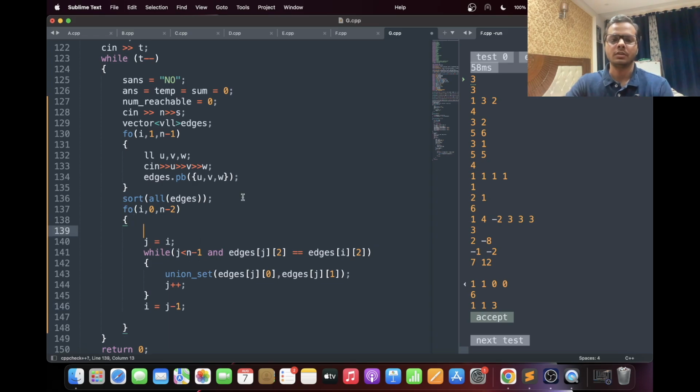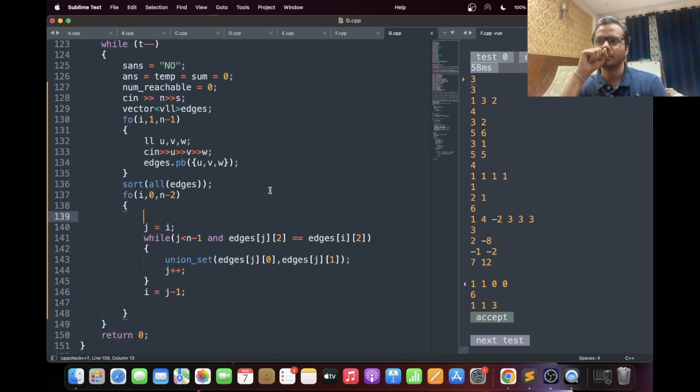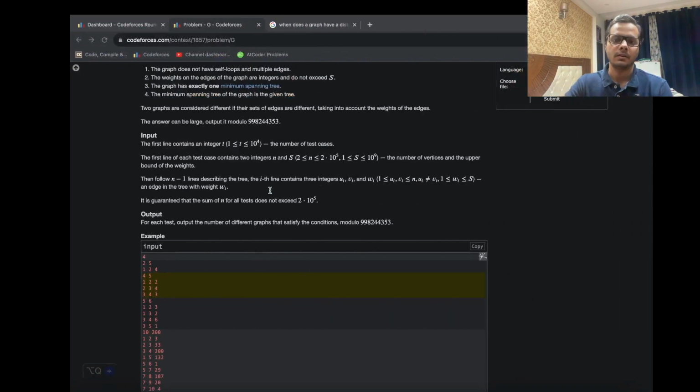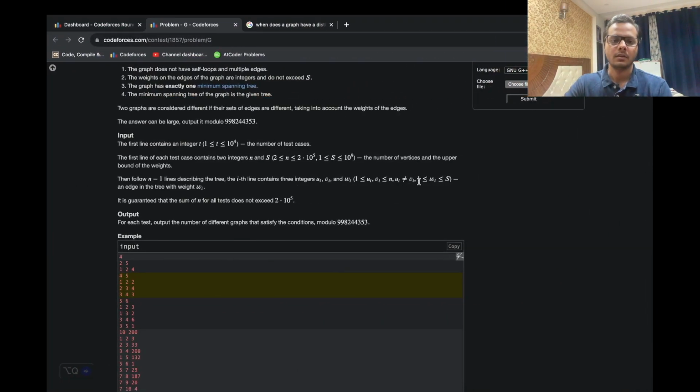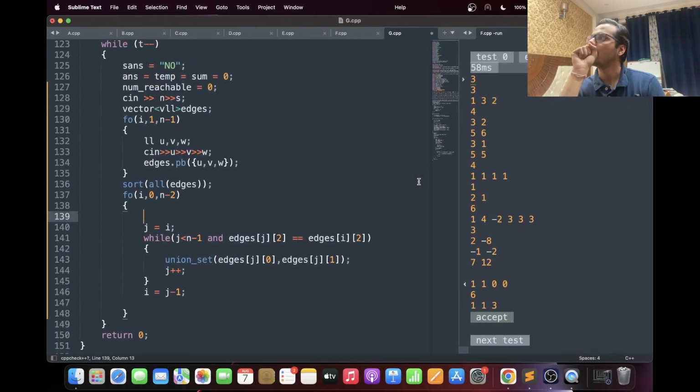Before processing all this, we have the contribution of what? So I don't think it's that simple, since these edges can have duplicates as well. So how to handle that? I think we can just process them together.